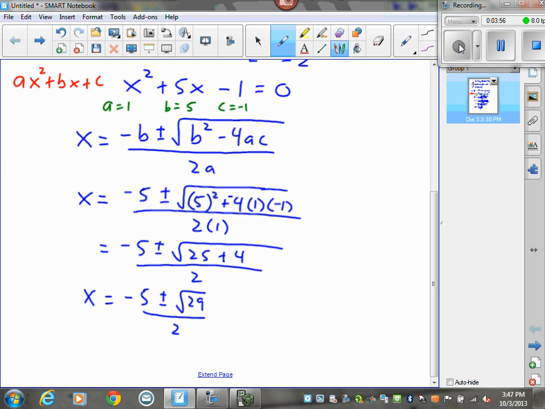Now, if I wanted to, I could turn these into decimals. So I'd have two answers. x equals negative 5 plus the square root of 29 over 2, and x equals negative 5 minus the square root of 29 over 2. Okay. So I'm going to use my calculator quickly to get those answers.